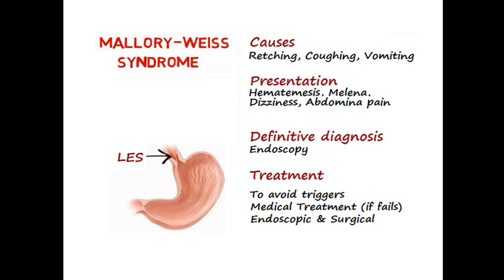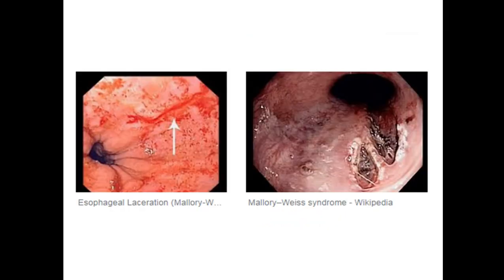But if these measures fail and vomiting continues, making the tears and ruptures more and more severe, then we will need endoscopic or surgical intervention to close the tears and ruptures.